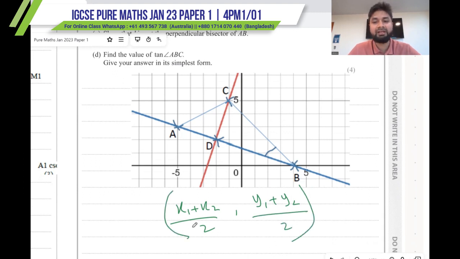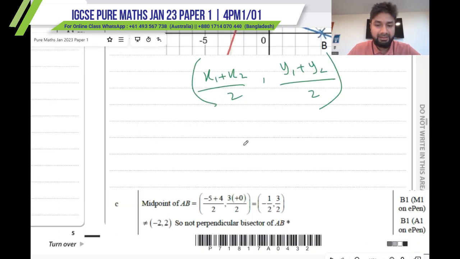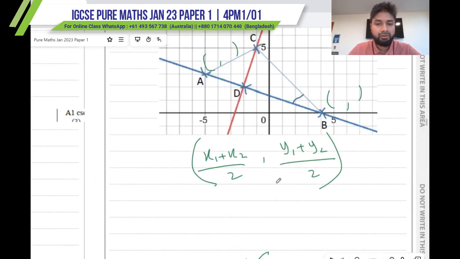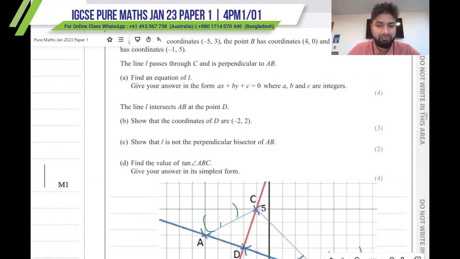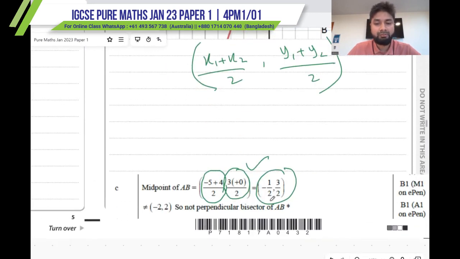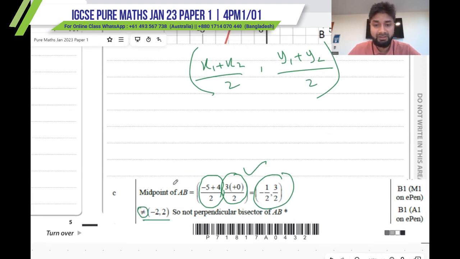So we will use the coordinates of A and B over here. From here, we can see the midpoint. They have used that formula, the average of x and the average of y. If we do that, we find the result as -1/2 and 3/2, which does not match the coordinates of D. That means it is not the perpendicular bisector. You see, it does not match with the previous one, which is the coordinates of D.